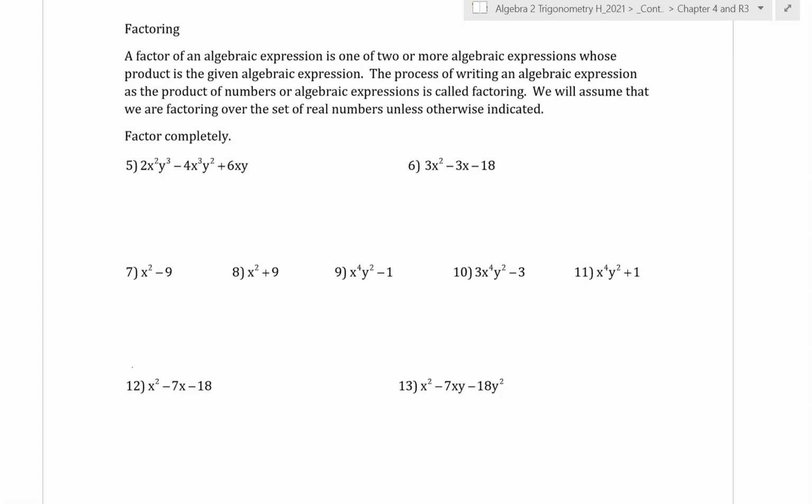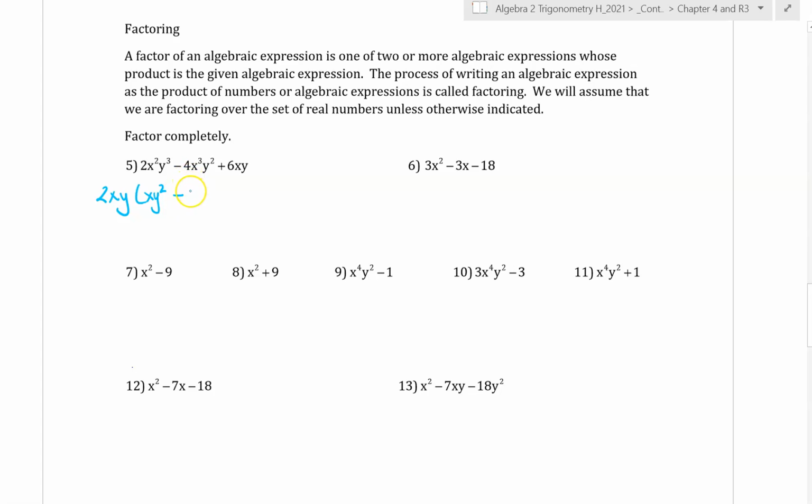So the first thing you want to do when you're factoring is look for common terms. Notice each of these terms, there are 3 terms for number 5. All of these terms have a common term of 2x and y. So the first thing you would do is factor out the 2xy. So that means that the first term, 2xy times x, y squared, would give you 2x squared, y cubed.